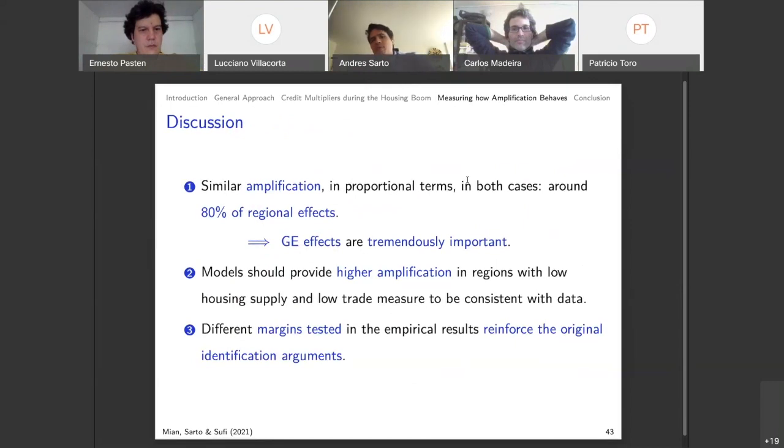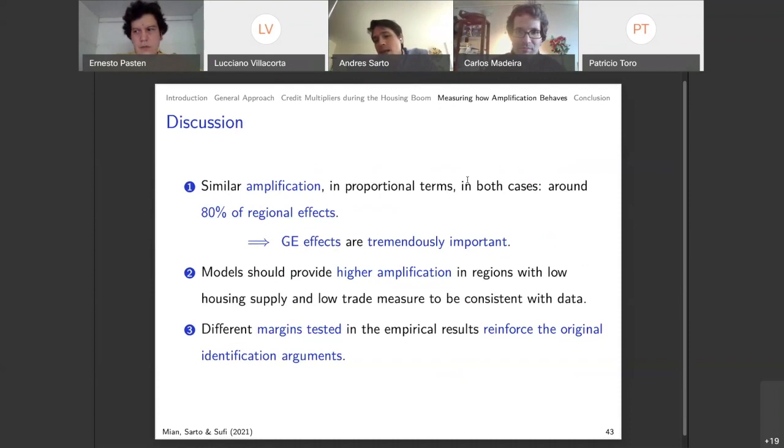So how do we interpret this? First, if you write down a model, you have amplification, that's nice. Maybe now you also want to match this behavior of the amplification in the data. So you have these further moments for how the amplification should behave, in principle, to be consistent with what we observe.